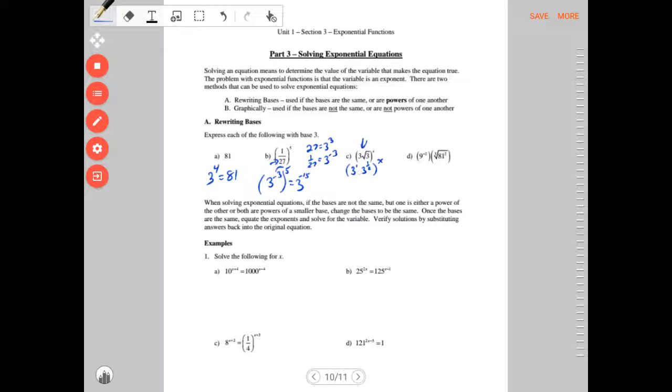Now remember, when you have two bases, 3 and 3, when you multiply same base powers, we add exponents. So 1 plus a half, 1 and a half, or 3 halves. So this is 3 to the 3 over 2.